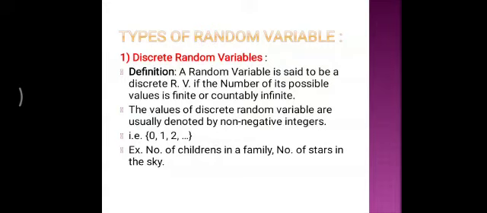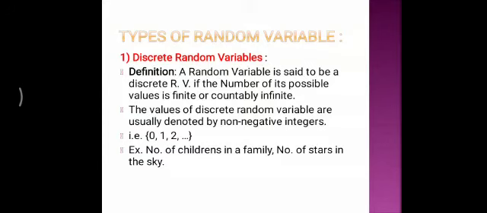Both are examples of discrete random variables. Why? Because the first example gives a set of finite numbers, and the other example gives a number that is countably infinite. Therefore both are examples of discrete random variables.